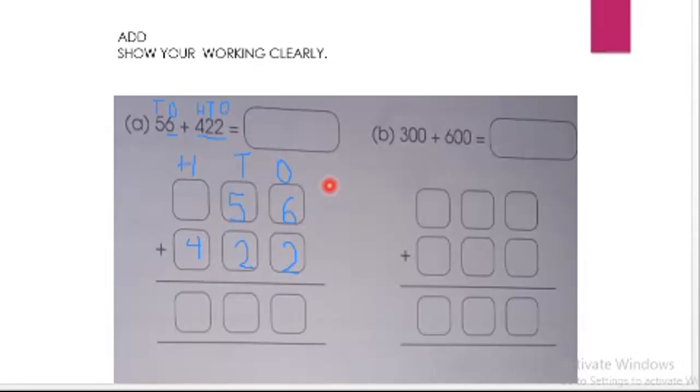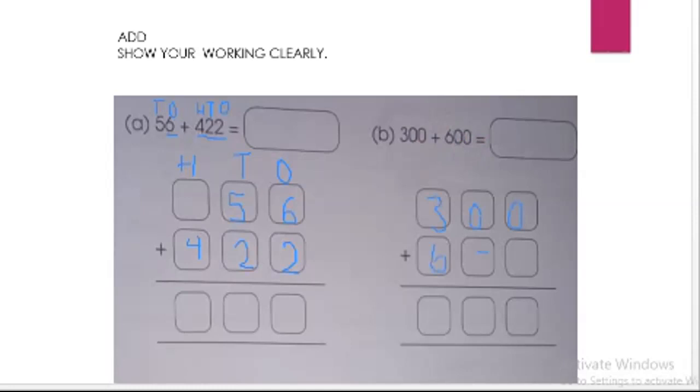In the next example, B, 300 and 600. Both numbers have the same digits, 3 and 6. So this question will not be difficult at all. You will simply write down 300, and then at the bottom you will write down 600.